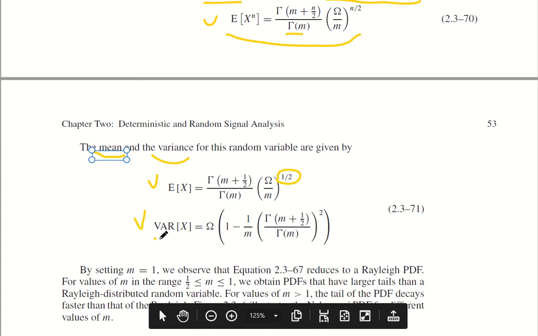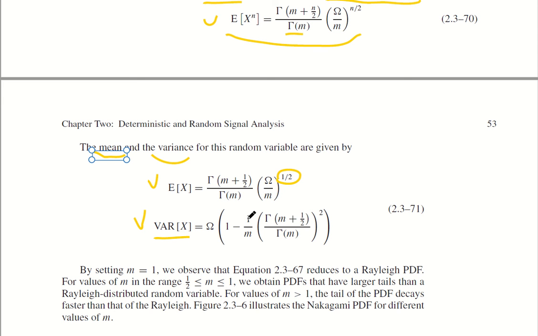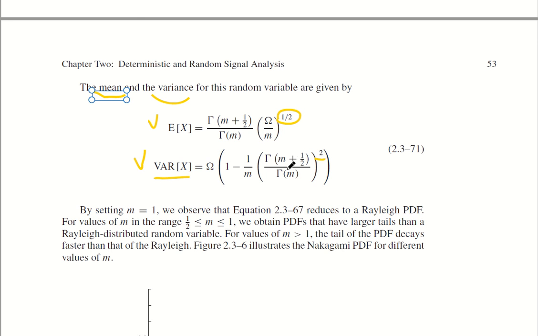And then variance of x equal to omega times (1 minus 1 over m times (gamma of (m plus 1 half) over gamma of m) to the order 2). Okay, so the first and second order statistics are always of our interest, and in fact they are the most critical ones. So let's not forget about expectation of x and then variance of x. Those are the most critical ones.